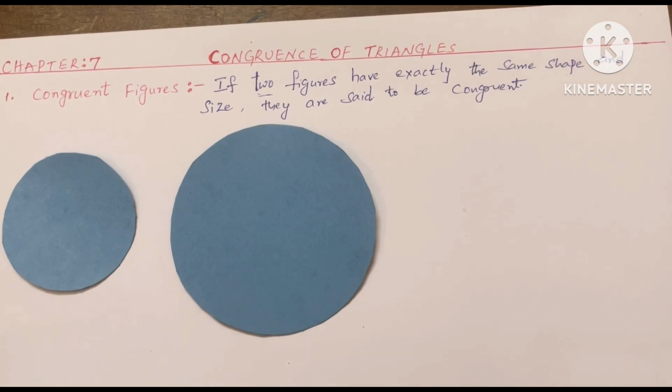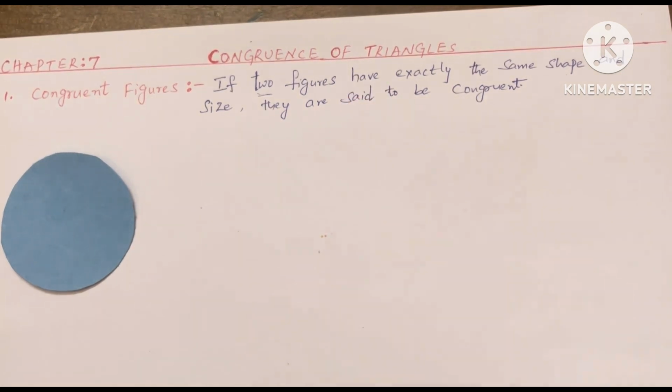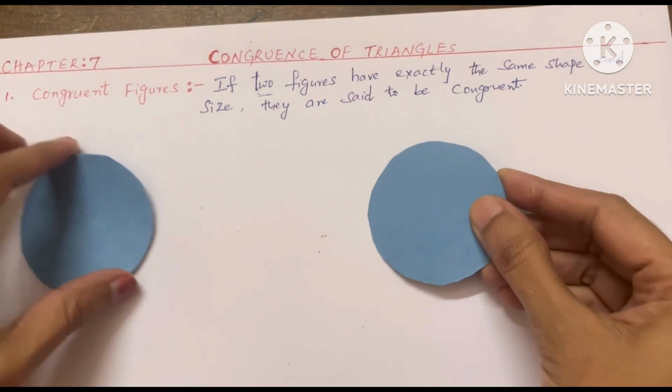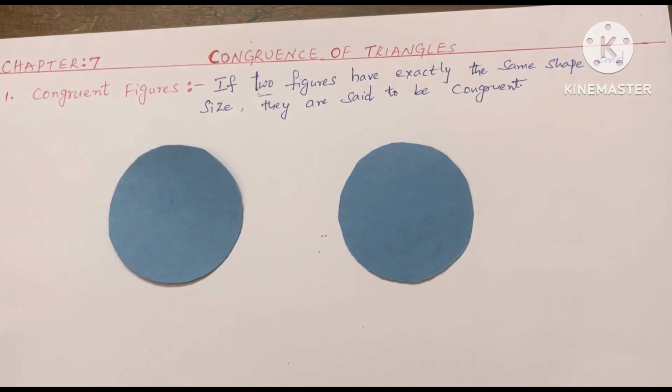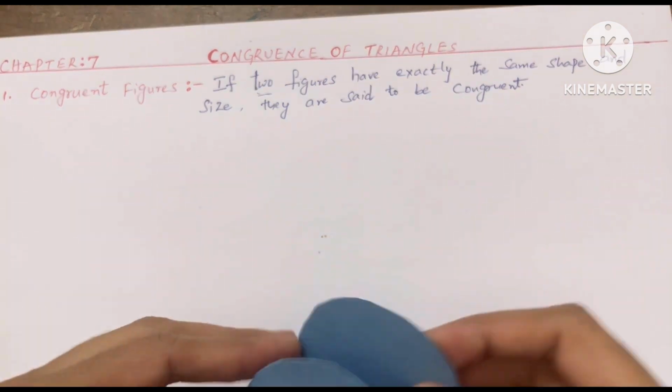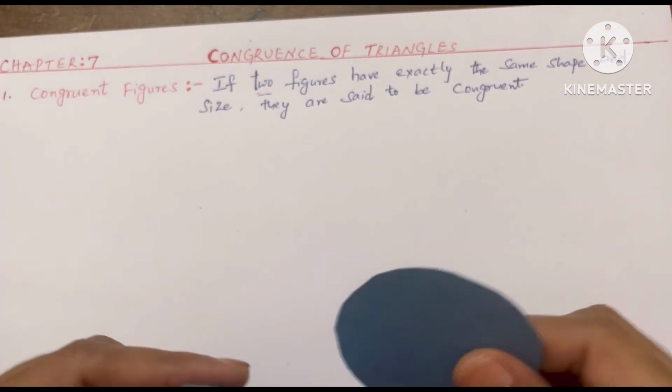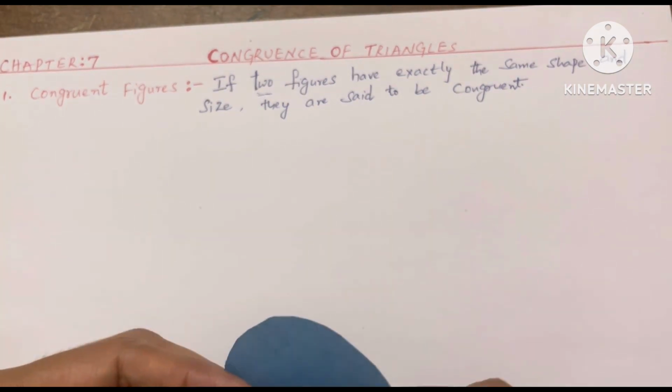So the first point: in similarity, shapes are the same, but in congruence, shapes as well as sizes are equal. Then only we will say that these two figures are congruent. This is the first basic difference between similarity and congruence.